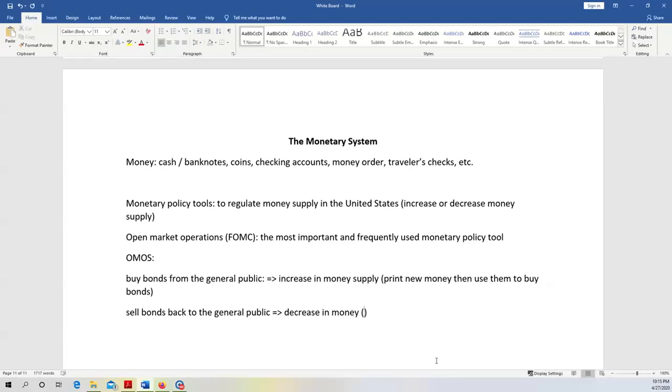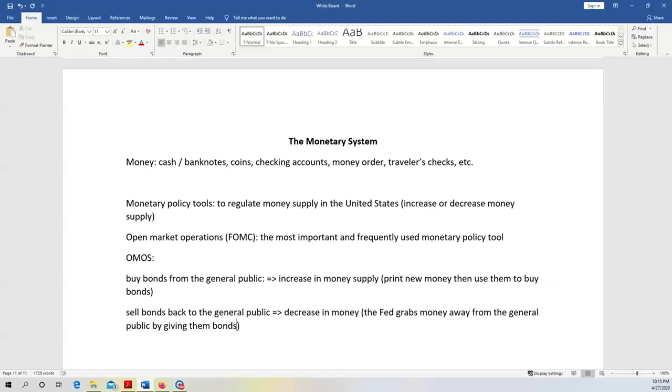Why? In a not very accurate way to describe this, the central bank, the Fed, grabs money away from the general public by giving them bonds.